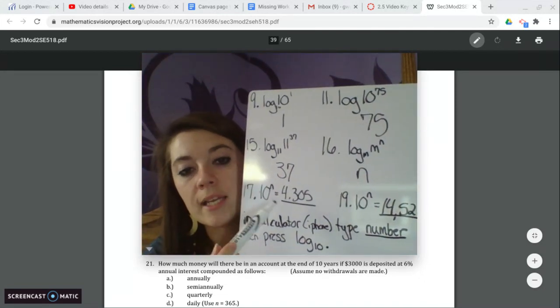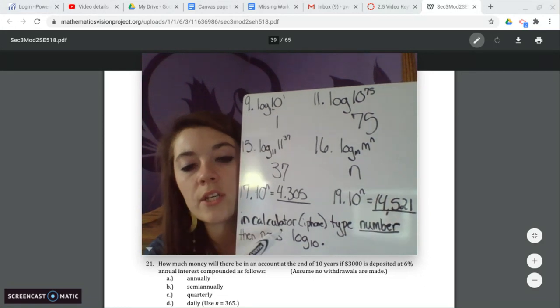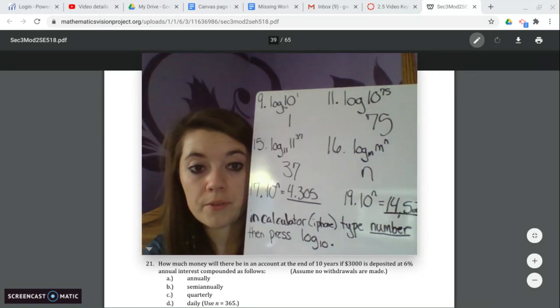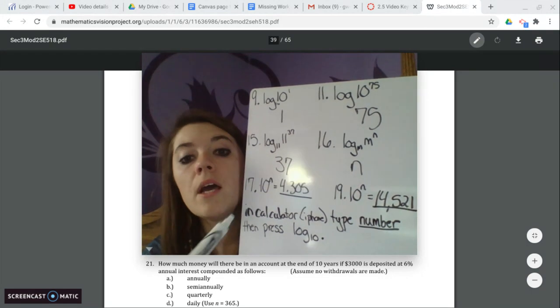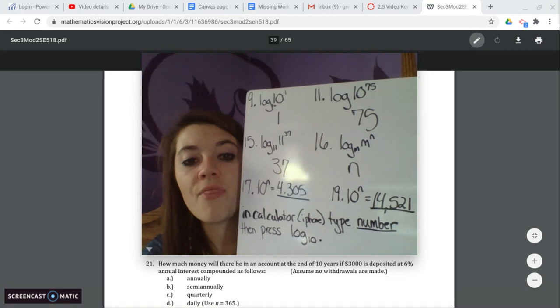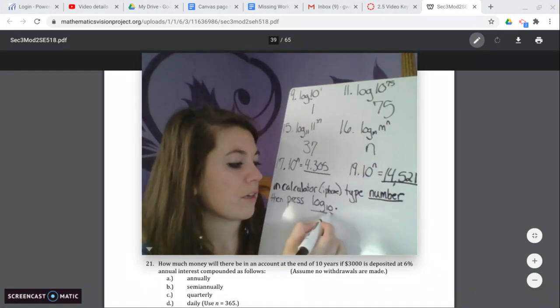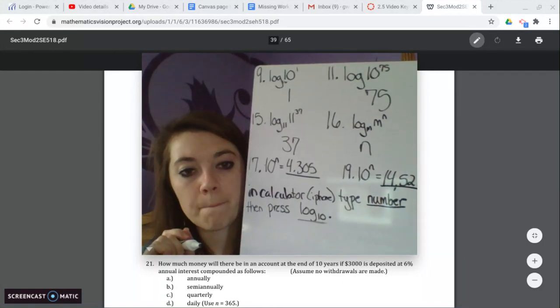We have 10 to the n equals 4.305. What you want to do is, in your calculator, if you have an iPhone, because I have an iPhone, so I know how it works on the iPhone, you type in the number, the 4.305, and then turn your phone to the side for that extended calculator, and then look for the log base 10 button.